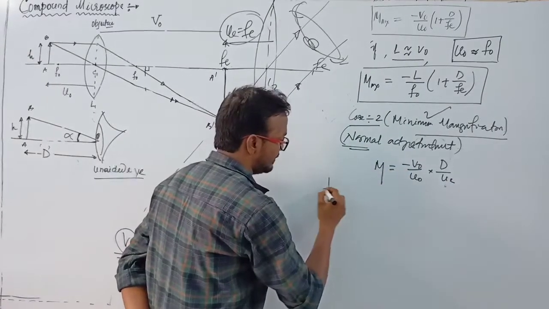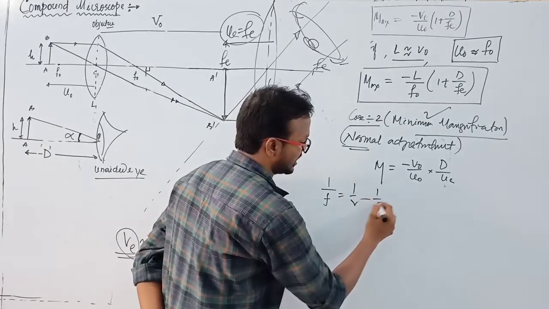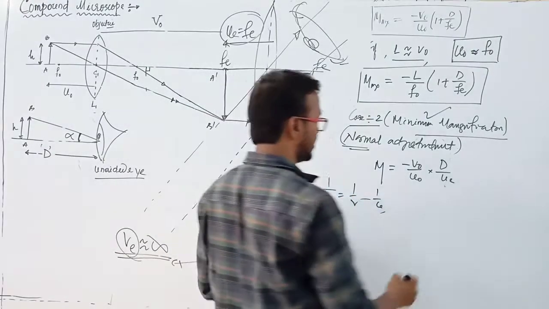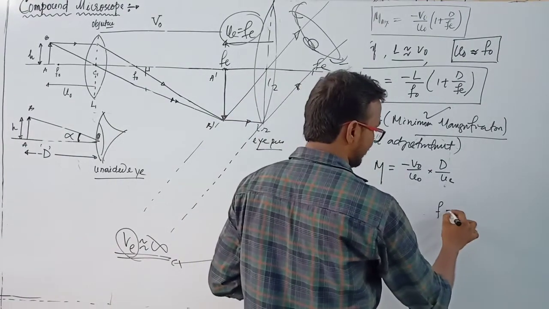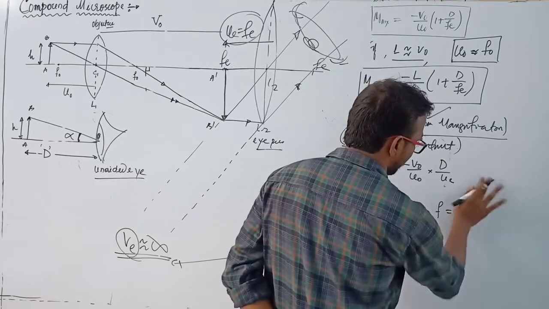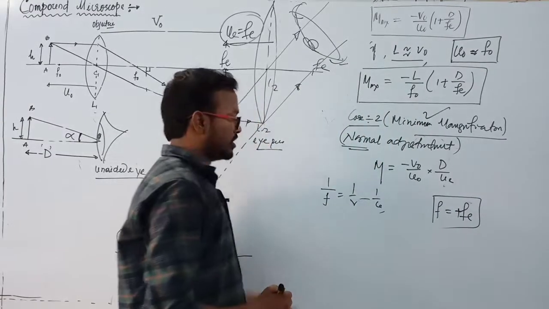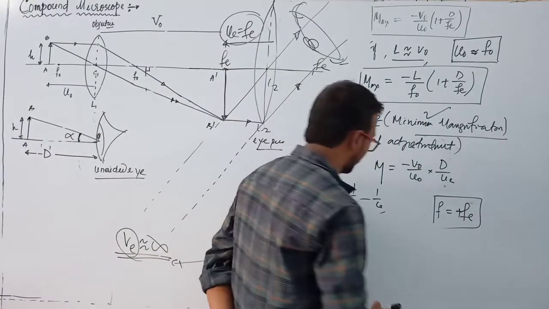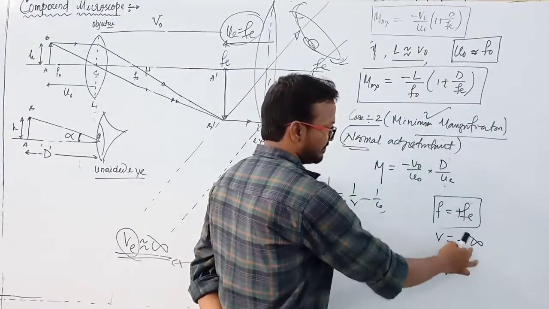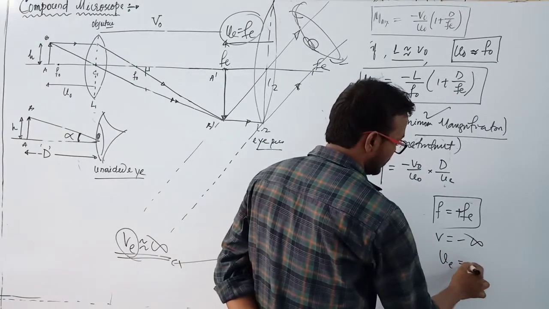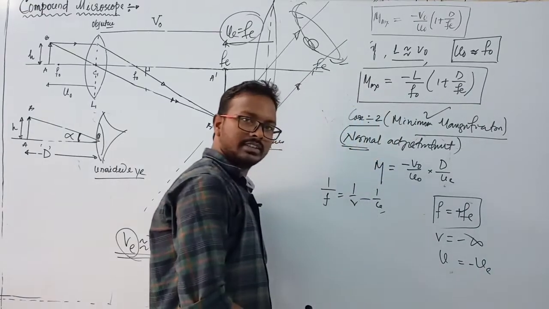So in this case we have the relation 1 by F equal to 1 by V minus 1 by U. Now use the values here. We can write F equal to FE, which is a positive quantity, because the focal length of a convex lens is always positive, and V is minus infinite, and U is minus UE, with a negative sign.